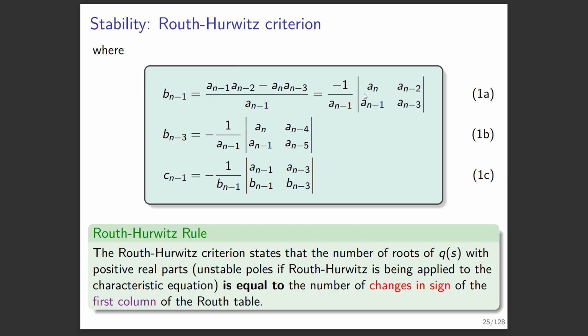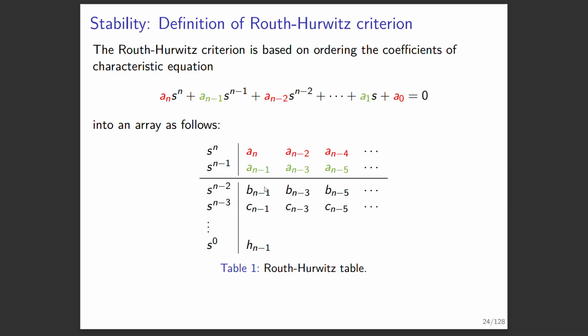Okay, so that was b_n minus 1. So again, b_n minus 1 is this, subtract from it this, and then divide by a_n minus 1. How would I find b_n minus 3? Well, it's again this first column, but rather than doing this, now you do this.